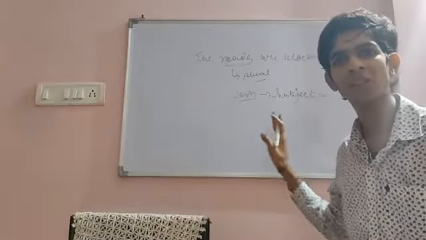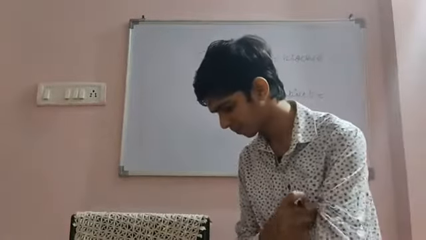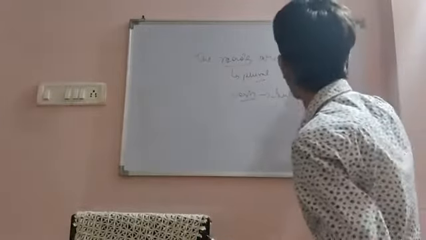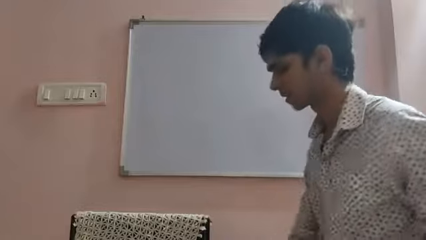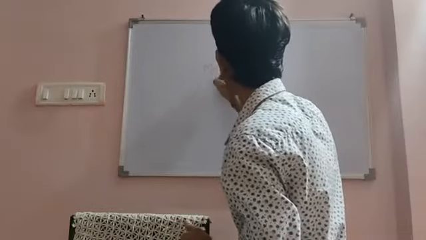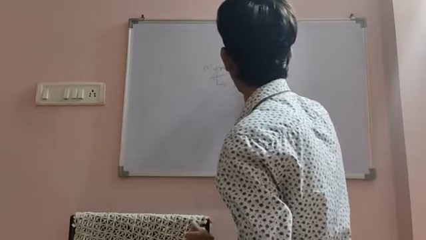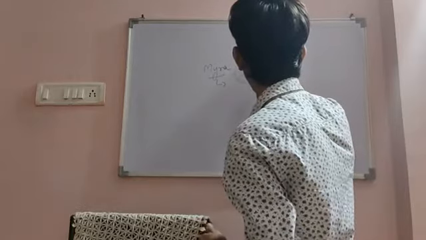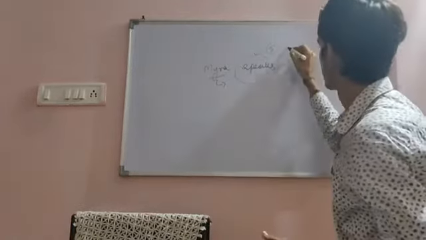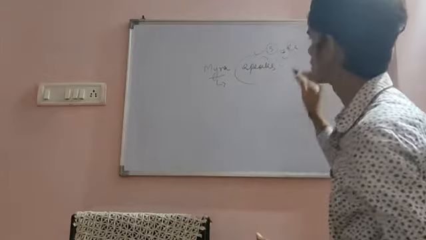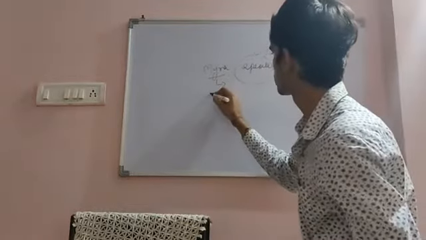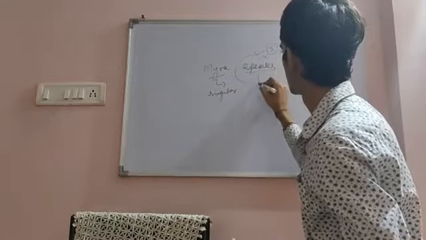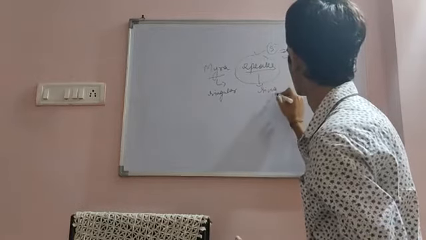Now a few more examples. See, "Myra speaks very confidently." Because Myra is singular, the subject is singular, and "speaks" has an s added. If you add s or es, you are turning the verb into singular. So because the subject is singular, the verb is also singular.